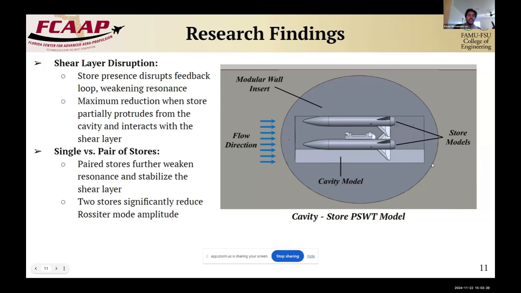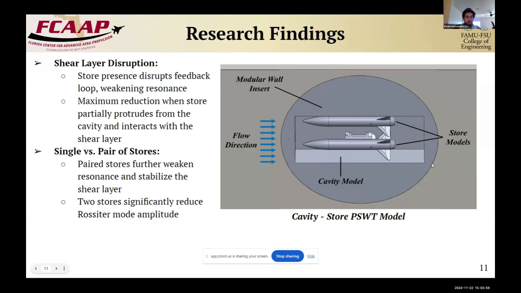And now looking at the difference of a single versus a pair of stores, we see that a single store reduces the cavity frequency, but the pair of stores further increases that effect at supersonic speeds, and offers the greatest reduction.